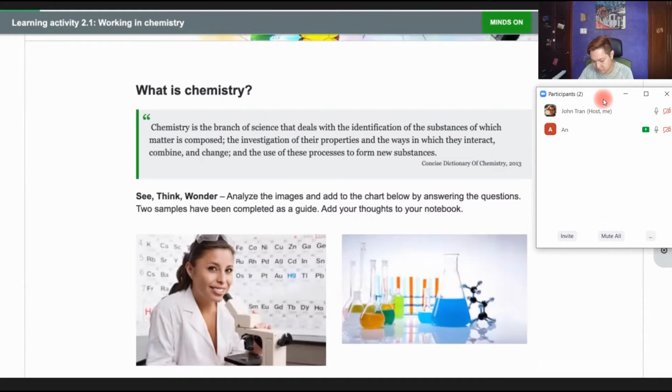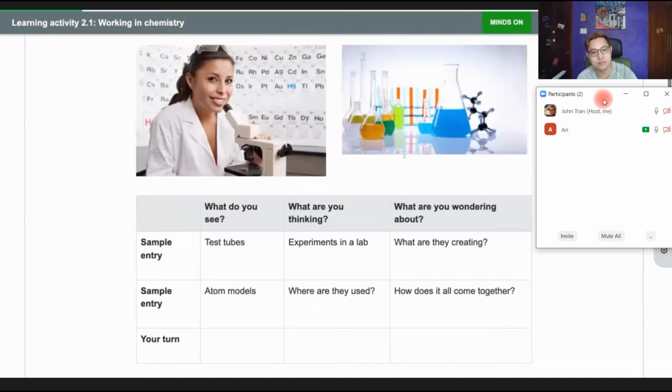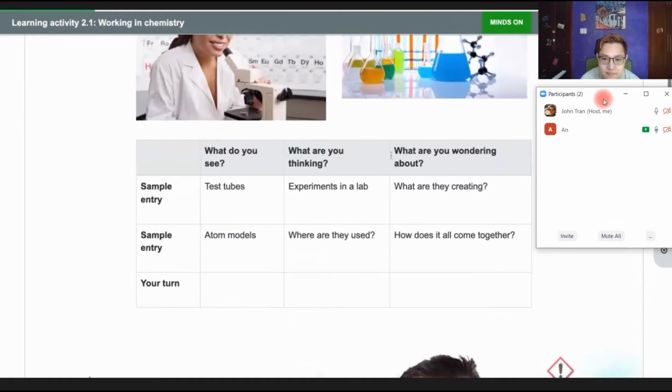See, think, wonder. Analyze the image and add to the chart below by answering the questions. Samples have been completed as a guide. Add your thoughts to your notebook. What do you see? Sample entry: test tube. What are you thinking?